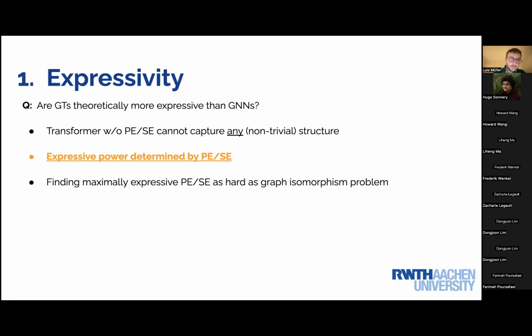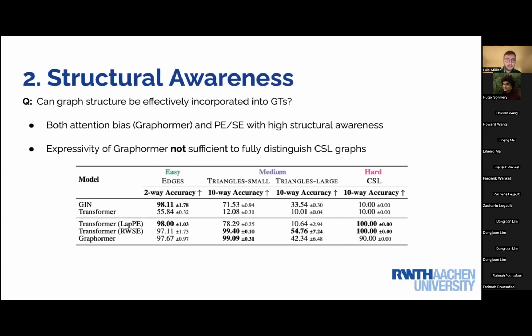So this is our finding: simply, no, GTs are not more expressive than GNNs. They're actually more similar than different, as I also tried to convince you in the beginning, and that's been confirmed in our findings.